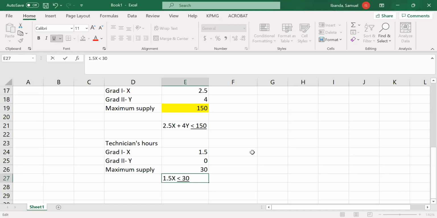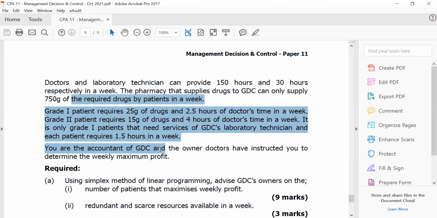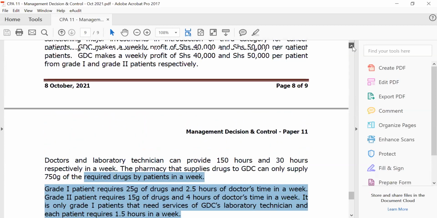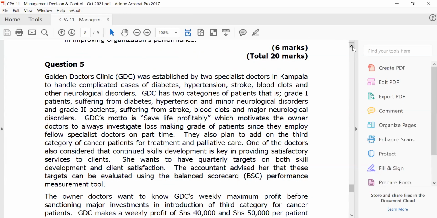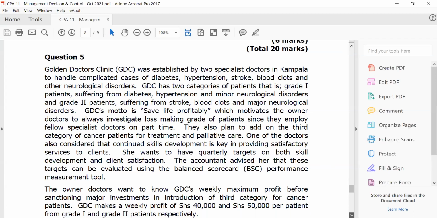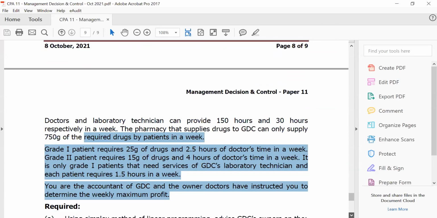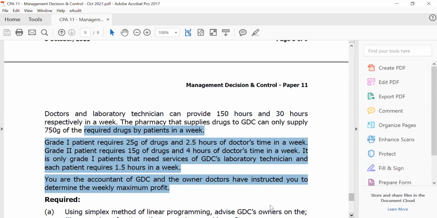So you go back to your question and see if you have any other variables that you need to look at. For this question, we seem to have been able to utilize all the information that we need at hand. So we now go ahead to arrange our functions.